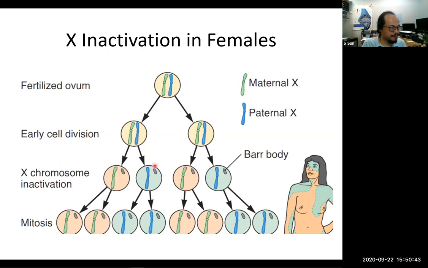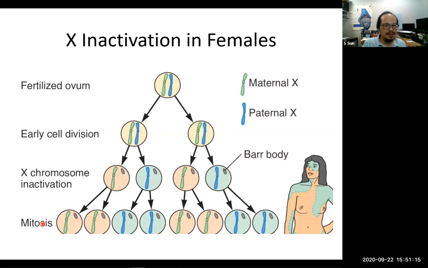About here, one X will be inactivated, and that inactivation is randomly picked. So it could be the father's, could be the mother's, could be the father's, could be the mother's. So it's random, okay? But once it's chosen, then the following generations of cells will have the same pattern.